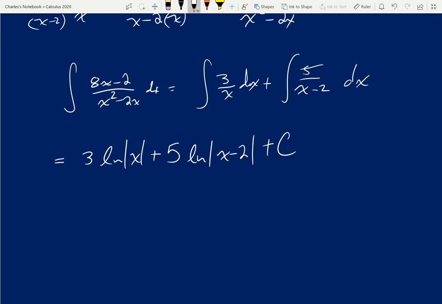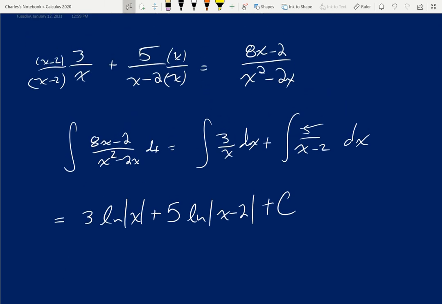I only put one plus c because I could have put plus c1 here and plus c2 here, and then combined those together to make a c3. But in the shorthand way we do it, you'd get that answer. We just put one c to capture the effects of both of the individual constants, and boom, that's why partial fractions was helpful.